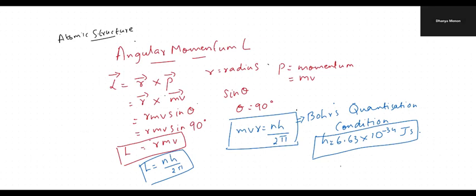Okay. Now, the next postulate was regarding the circular motion of the electrons.